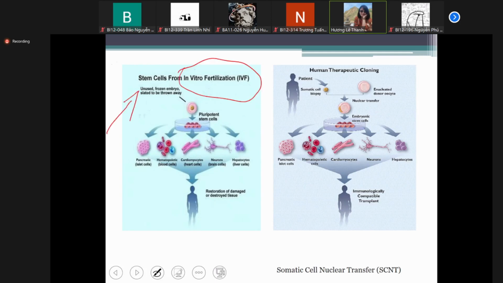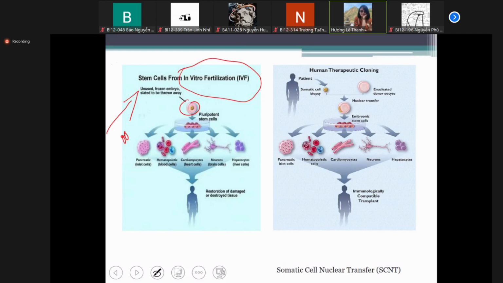When we have embryos, this means we have a chance to take stem cells there. When the egg and the sperm mix together, we get a zygote, right?